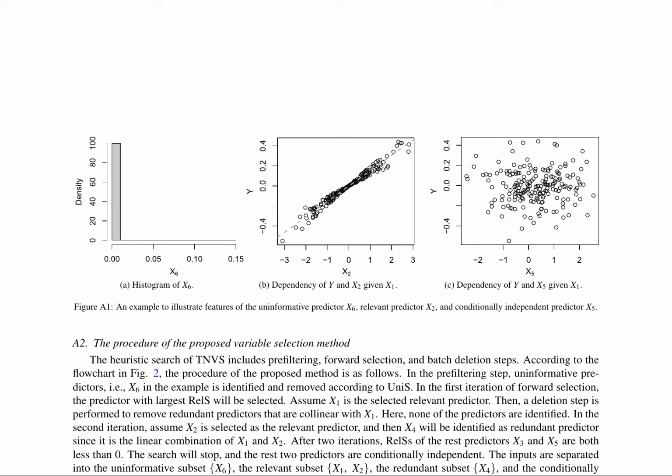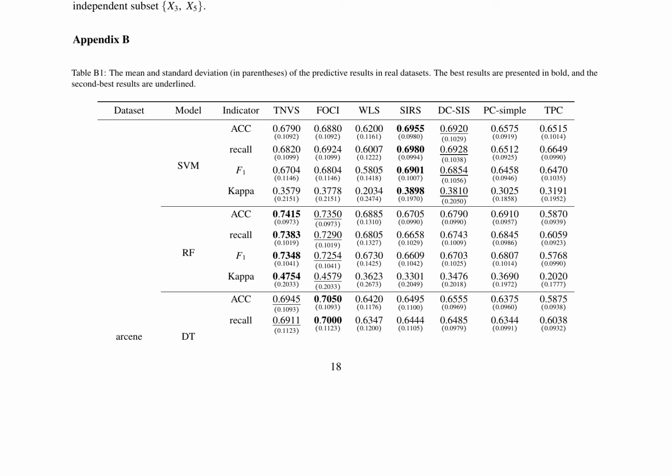The histogram of X6 is discussed, highlighting its uninformative nature, and the dependencies between Y and X2 or X5 given X1 are considered. The proposed variable selection method involves prefiltering, forward selection, and batch deletion steps. It aims to identify uninformative predictors, select relevant predictors, and remove redundant predictors. The search stops when no more predictors can be added or removed based on the rels values.